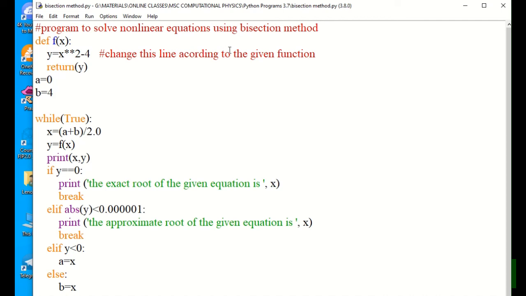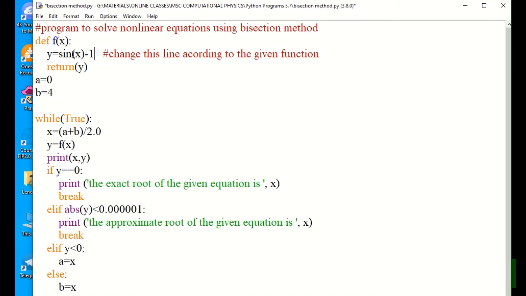Suppose you wish to find the root of another equation. Say the equation is sin x is equal to 1. That means sin x minus 1 is equal to 0. In that case you must write it like this.